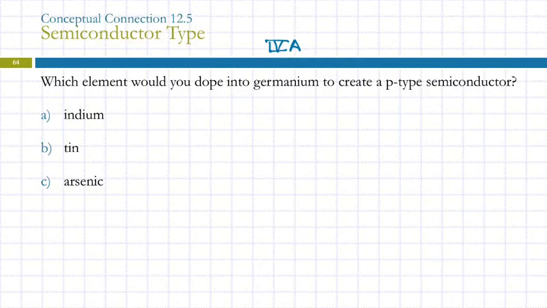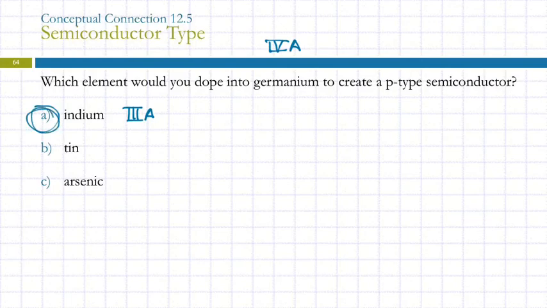So 3A, we've got aluminum, gallium, indium. Oh, there's indium. So indium is in group 3A. So that's going to have 3 valence electrons. We dope that into the germanium. There's going to be some empty holes in the valence band. So that's our answer right there.